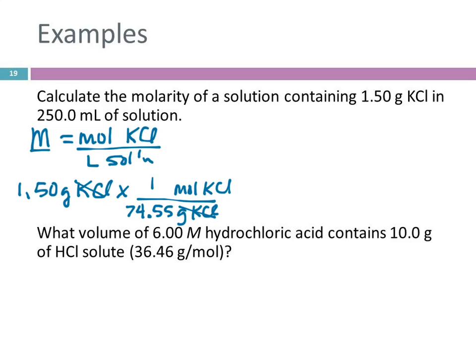So then I take 1.5 divided by 74.55. And that's 0.020, that's the last significant figure. I'm going to toss in 2 more. And that's moles of KCl. So that's what goes in the numerator here.